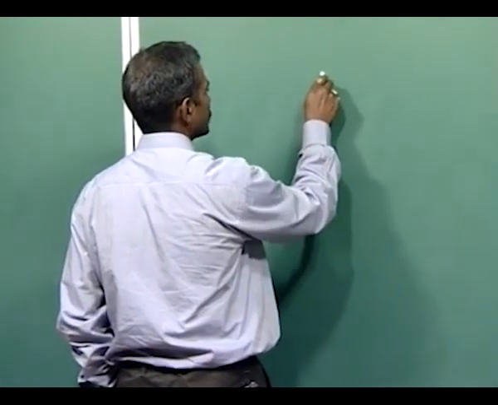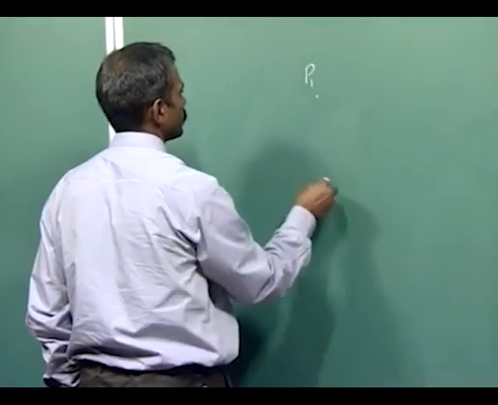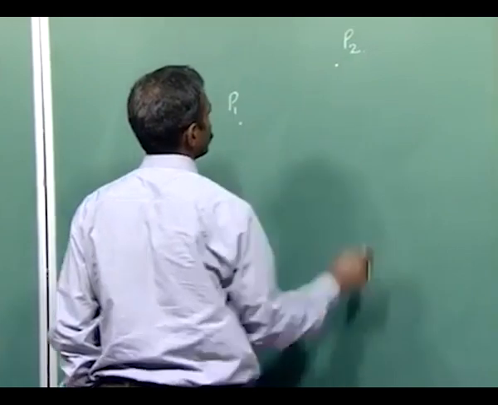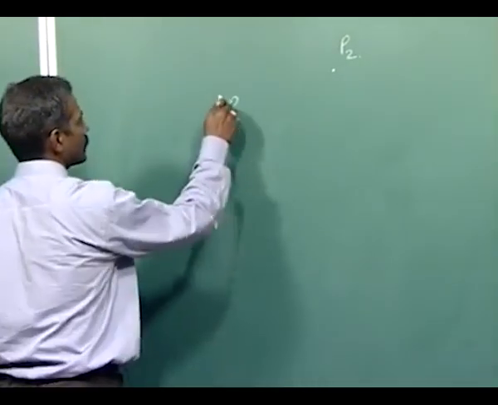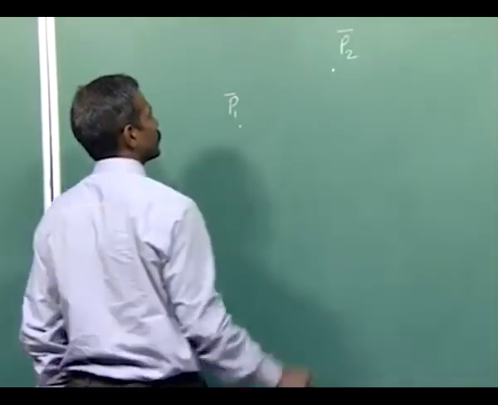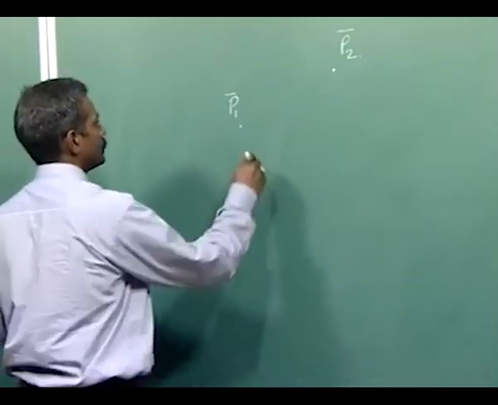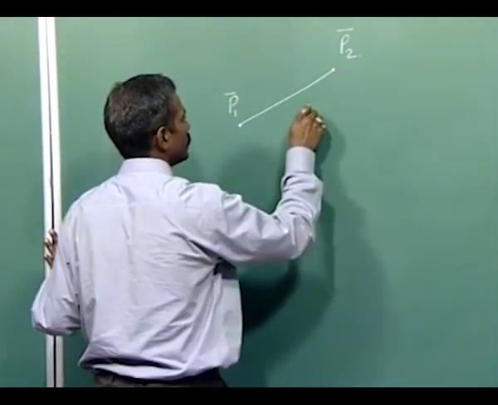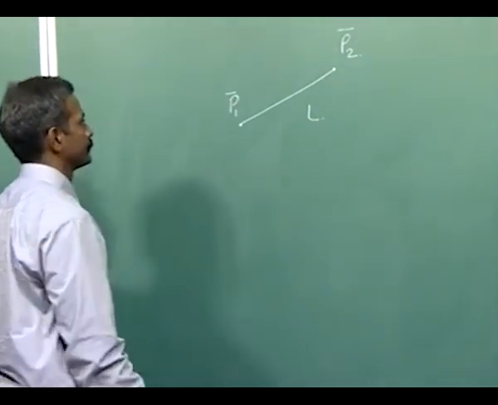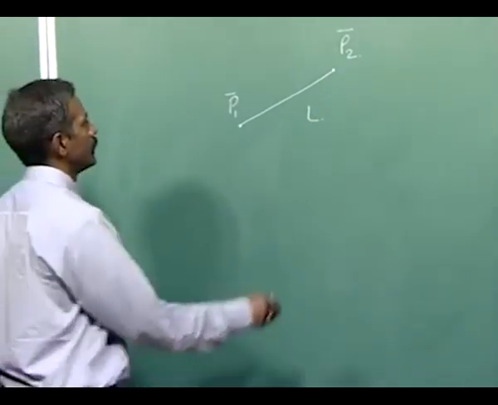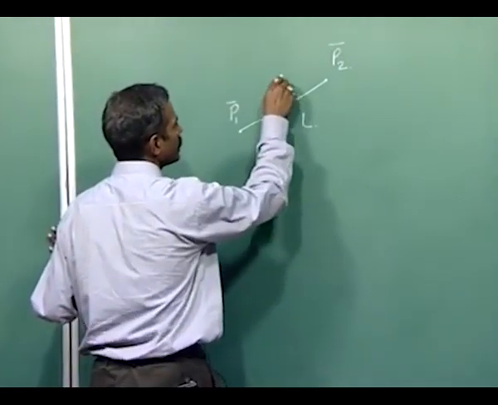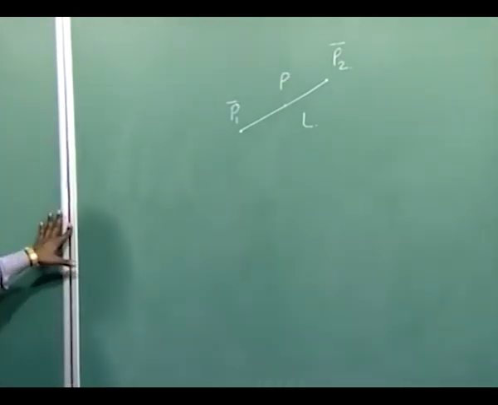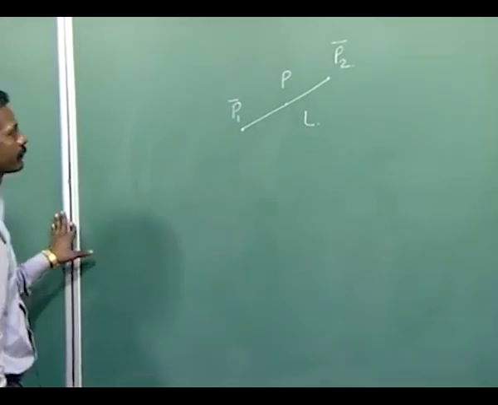Let's say we have some position vector P1 and another point P2. These are position vectors, and we have a line joining these points. Line is L. Any point P lying on this line can be expressed in the parametric form.